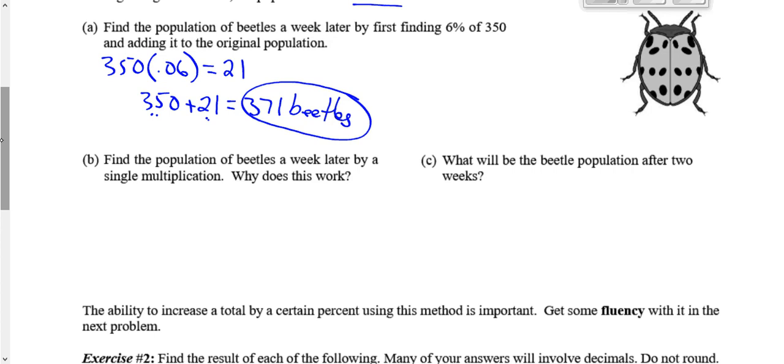So instead of multiplying it by 6% and then going back and adding that to itself again, I'm going to multiply the 350 times itself one time, plus times 6% of itself. See what I mean? So 1.06. So we can simplify that as 350 times 1.06. Now, by the way, is that number greater than 1?